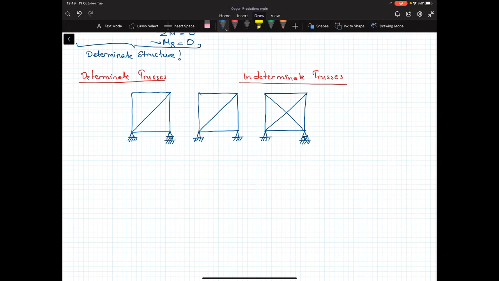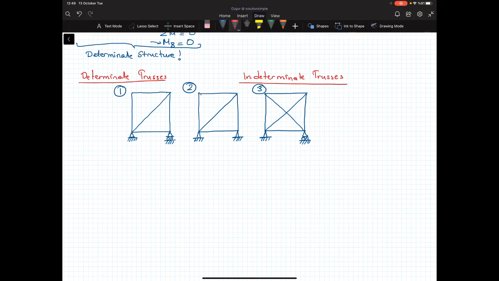So the question here is, is this a determinate truss or indeterminate truss? The first one, second one, and third one. So let's analyze them, okay?